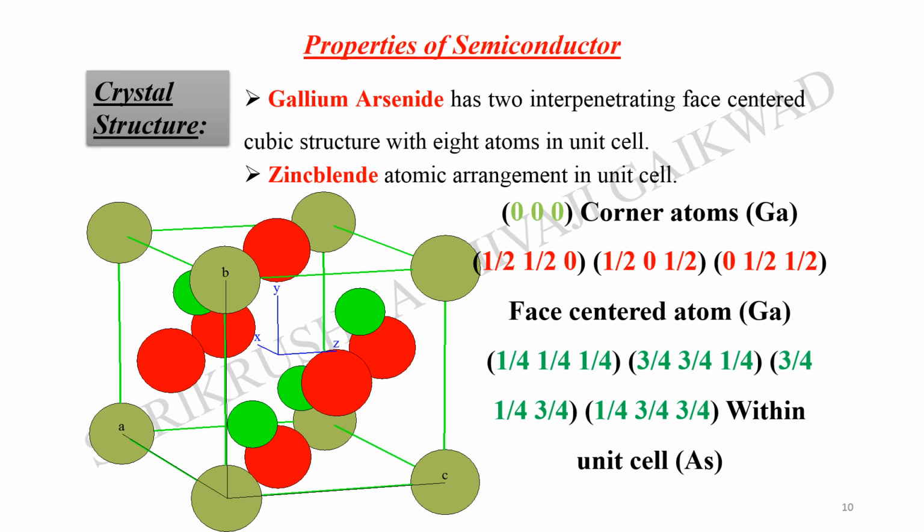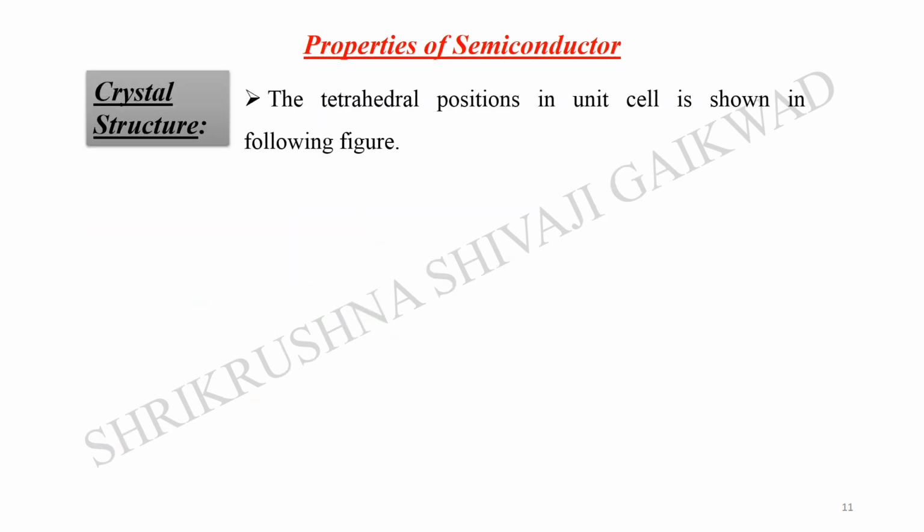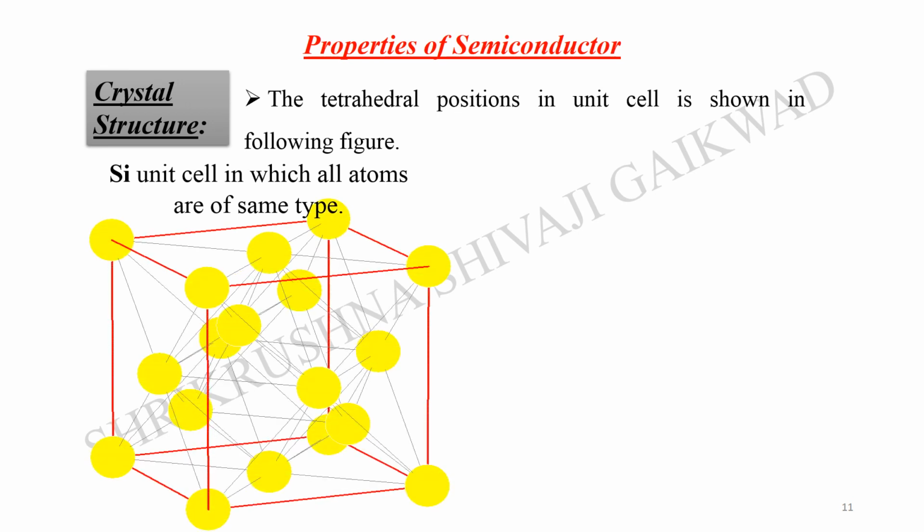Now we can understand the tetrahedral position in the unit cell in the following figure. In the case of the silicon unit cell, all atoms are of the same type, so this is a kind of diamond lattice. This is a tetrahedral position in the unit cell.